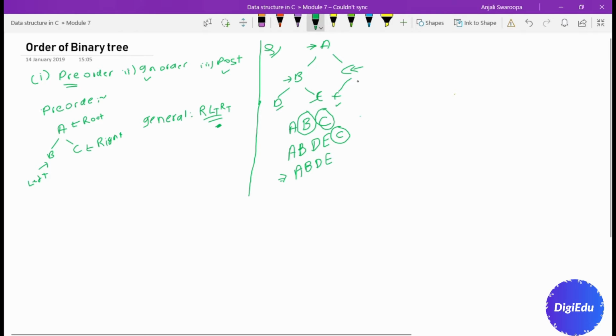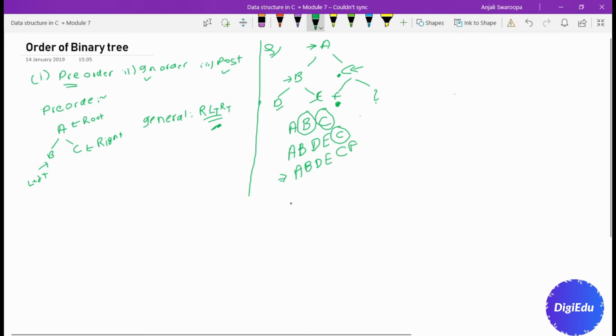Look at C. Now C is the root, and this is the left subtree of C, and there is no right subtree. According to the general sequence of pre-order, you first write the root. The root is C, then you write the left subtree, which is F, and since there is a vacant position for the right subtree, I will not write anything.